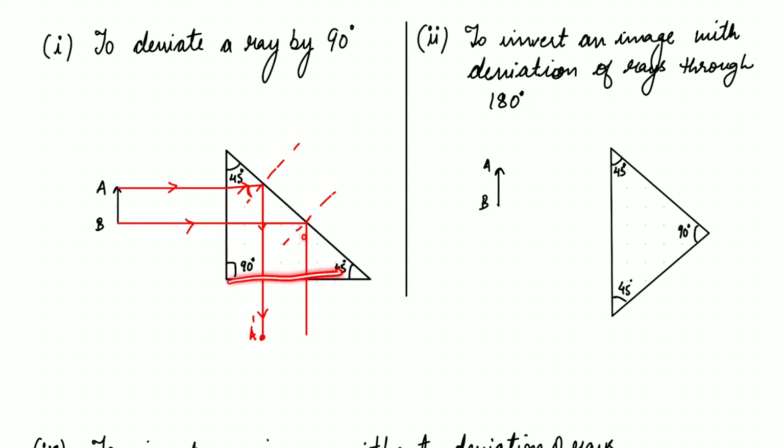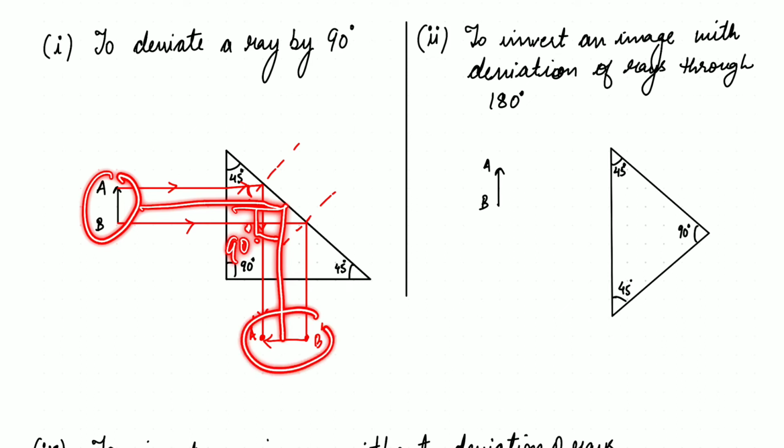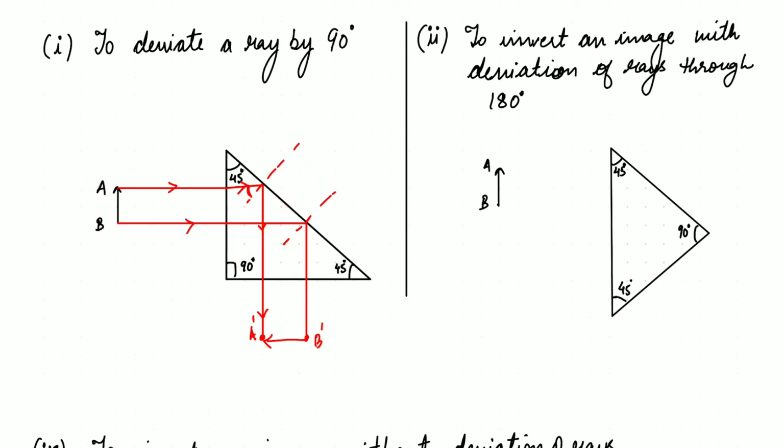And it will come out because it is perpendicular, like that. Let's say this is my B dash. So if you see clearly, your AB is basically 90-degree deviated. So the image is 90-degree deviated with the help of this prism. I hope you guys can understand this.